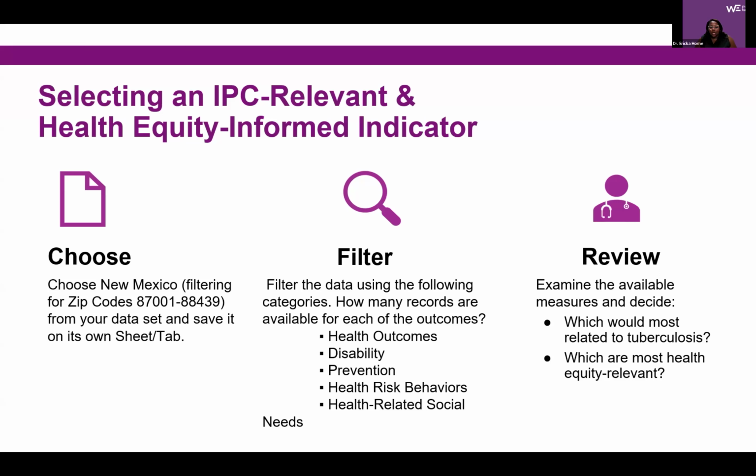I just want us to talk about how many records are available for each of the different outcomes, just to see if we're getting the same number. So when you select your measures, when you select your category, which is column D, how many are people seeing for health outcomes? How many records do they see?